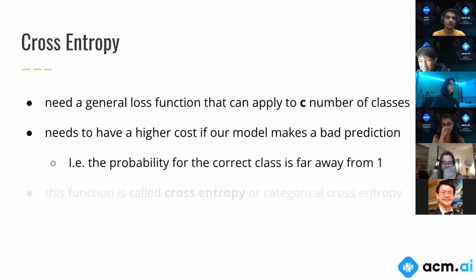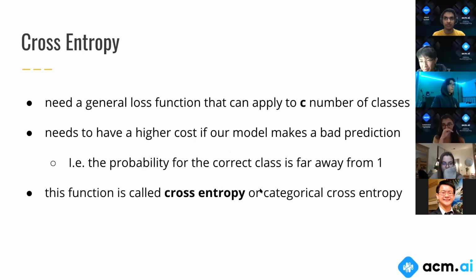Quick explanation: if our probability for a certain class is really far away from 1, say we gave it a dog, which has a 1 in the dog class, and our end result has a 0 in the dog class, that's a big alarm, because it should be 1 and it's a 0. They're polar opposites, so that should have a high cost.